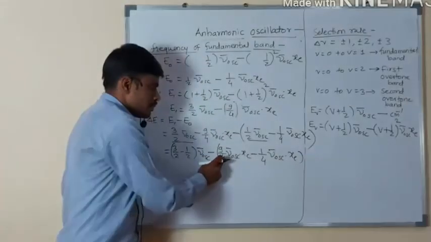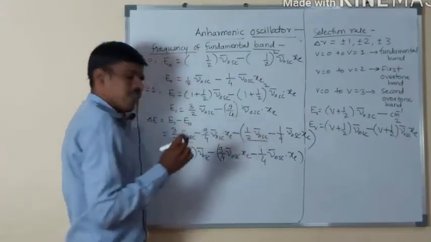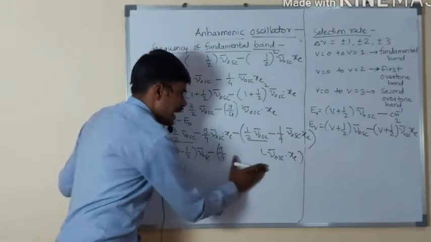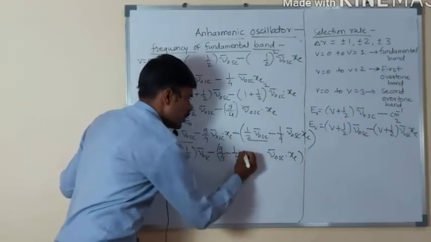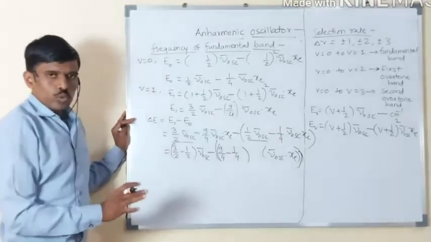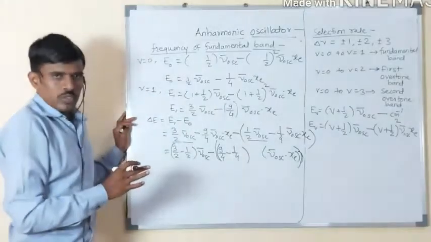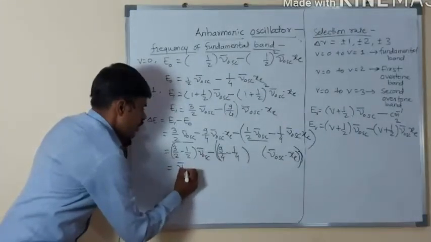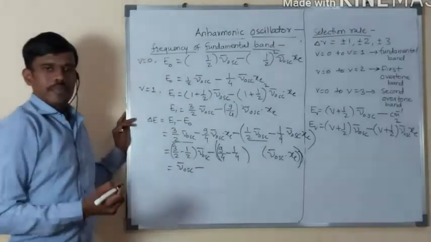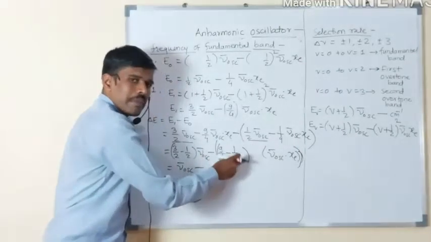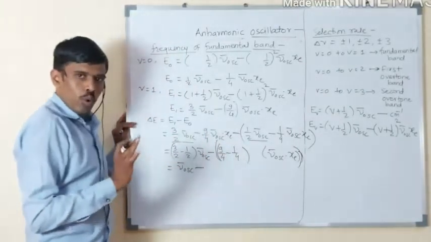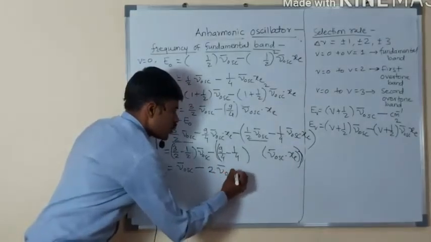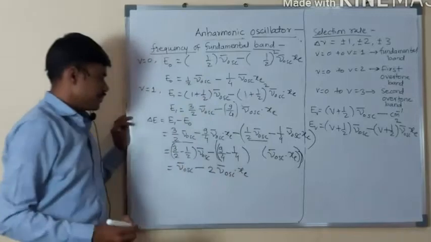9/4 minus 1/4. You can also write it like this: 3/2 minus 1/2 means 2/2, that is 1. So here nu bar of oscillation minus (9/4 minus 1/4, which means 8/4, that is 2) nu bar of oscillation into Xe.